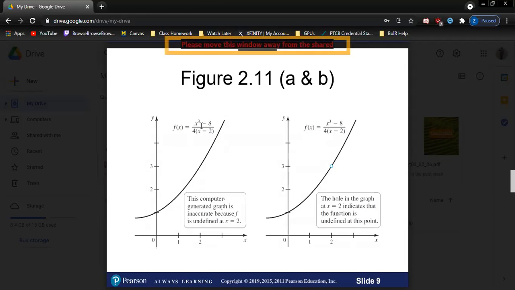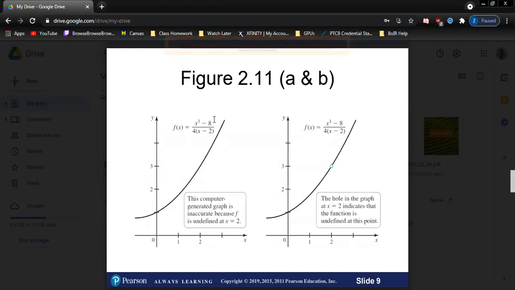Try to imagine. Just spend 10 seconds on this. Don't look at the graph or what we have inside the box, okay? Just plug in, for example, if you plug in x equals 0, in the numerator we have 0 minus 8, which is negative 8.